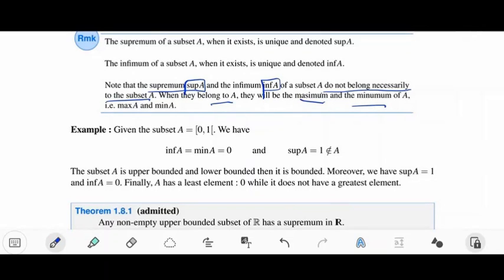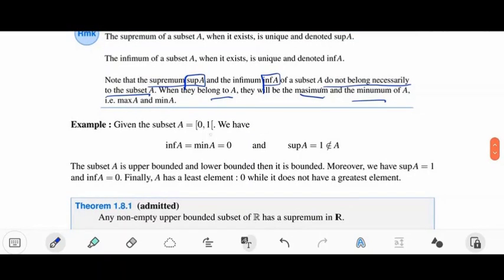Okay, so now I will take an example, which is the interval [0, 1). I take this example which is closed at 0 and open at 1, and we want to discuss the infimum and the supremum of this subset. Well, of course you can notice easily that 0 is a lower bound and 1 is an upper bound, and also 0 belongs to the set and it's the greatest lower bound. You cannot find a lower bound greater than 0, because if you move greater than 0, it will be inside the set.